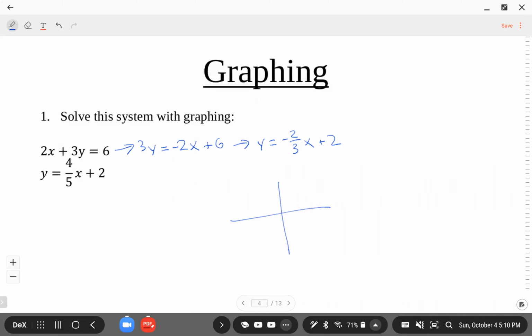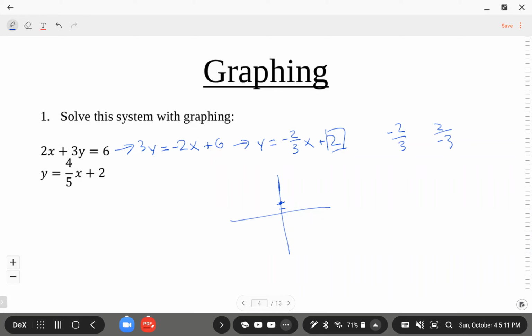Let's graph the first equation. 2 will be the y-intercept, so 1, 2, something like that. And then our slope, negative 2 over 3, can also be 2 over negative 3. Remember, it's vertical change over horizontal change.